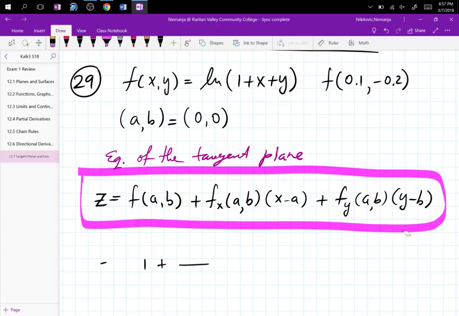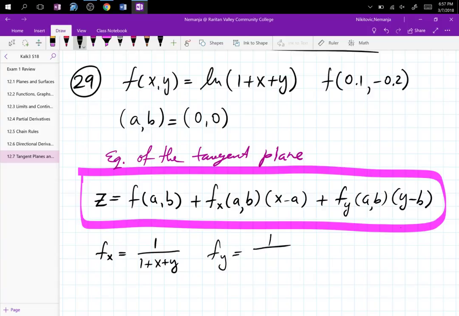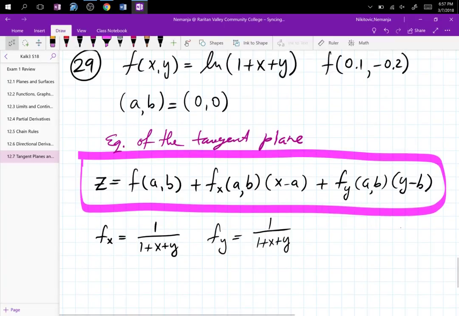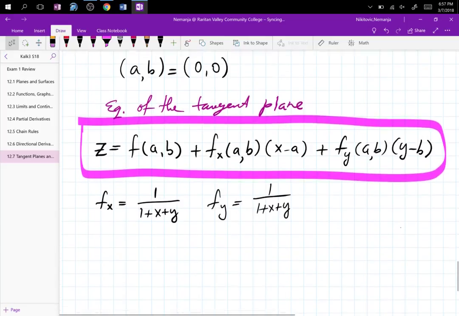You know what, let me just find partial derivatives first. So f x is ln, you do the division, you write the argument as is on the bottom, and then its derivative on top, which is just 1. And then we also need f y. Now that's symmetric, so it's going to look the same.